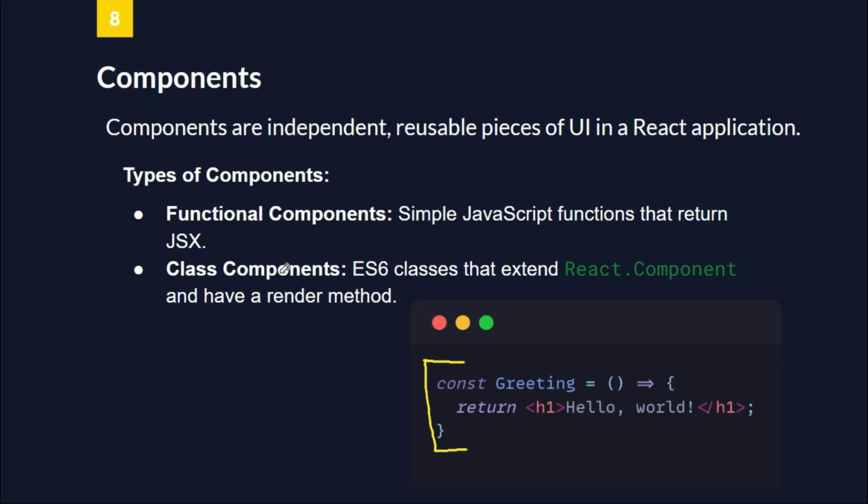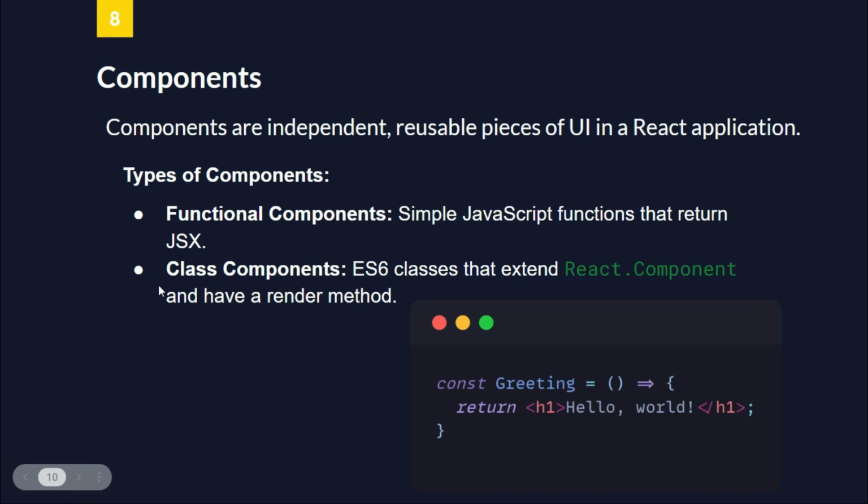So the second type of component we have in React is the class component. Class components extend React components, and they have a render method. This is what developers used back in the day to write components in React.